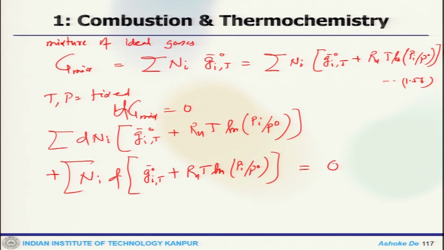So, that is 0. So, this is your 5.7, this is 5.8. So, that will get you the equilibrium condition.